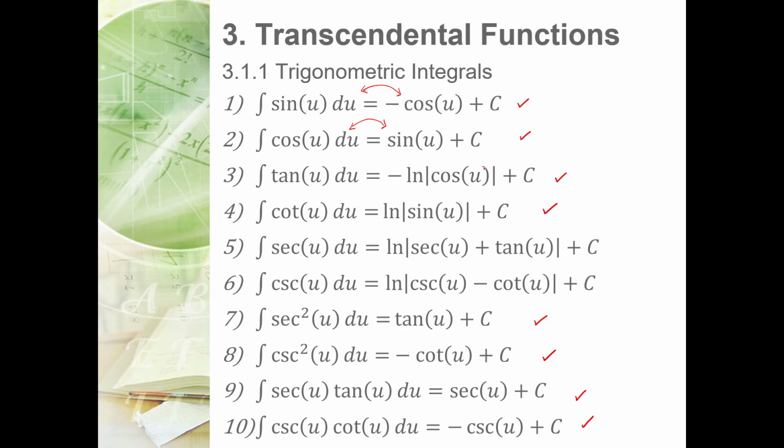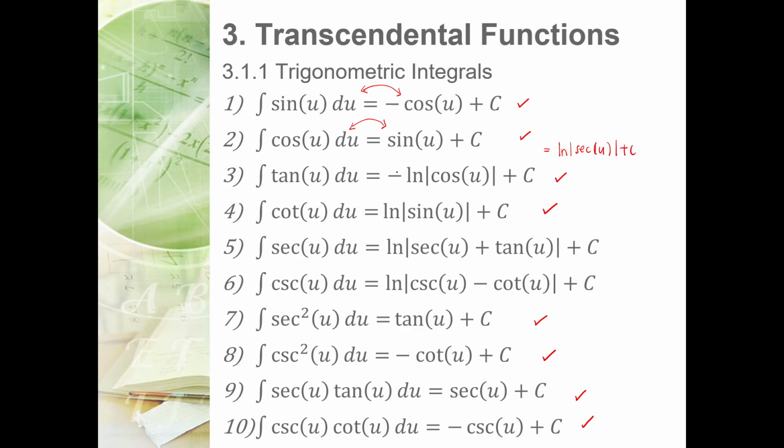As you can see here, you have negative ln cosine u plus c. If you have navigated through the Canvas platform, the other answer for this one is ln secant u plus c. So why is that?